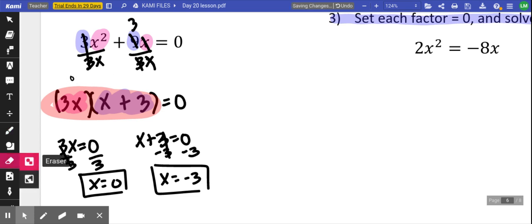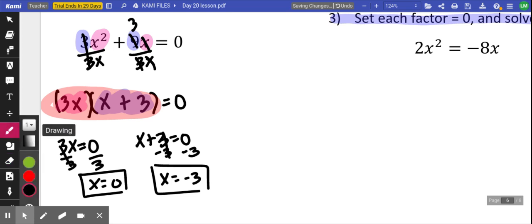Now, if I plug in x equals -3, this would be -9 times 0 equals 0. So the goal of setting each factor equal to 0 is if any of these factors equal 0, it's going to make this equation equal to 0. So just remember that when you factor something and you have something times something equals 0, you set each of those somethings equal to 0.